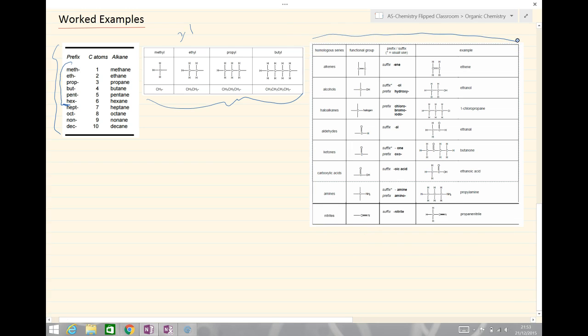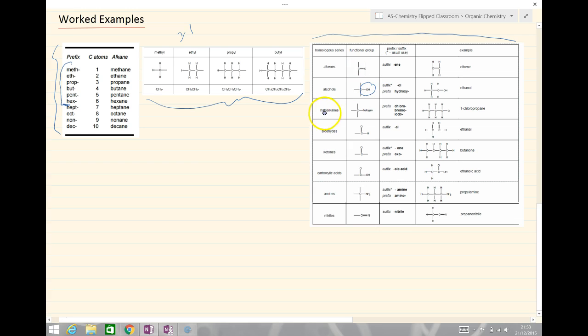describes all of the possible additional functional groups, homologous series, over and above the alkanes. And you can see for our AS course we have the alkenes, described by the carbon-carbon double bond. We have the alcohols, described by the OH group.